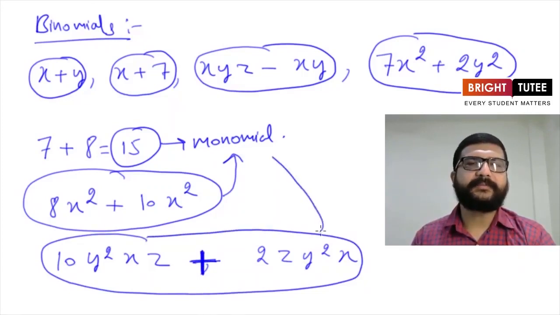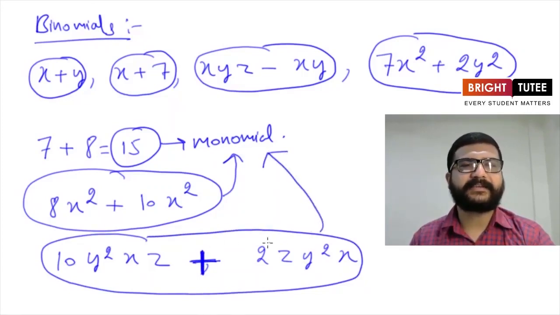It is not binomial because both the terms are like terms here. So for binomial we should have two unlike terms, then only an expression is known as binomial.